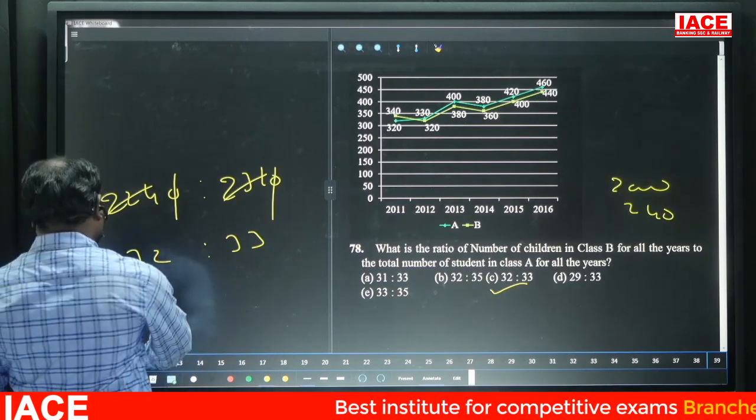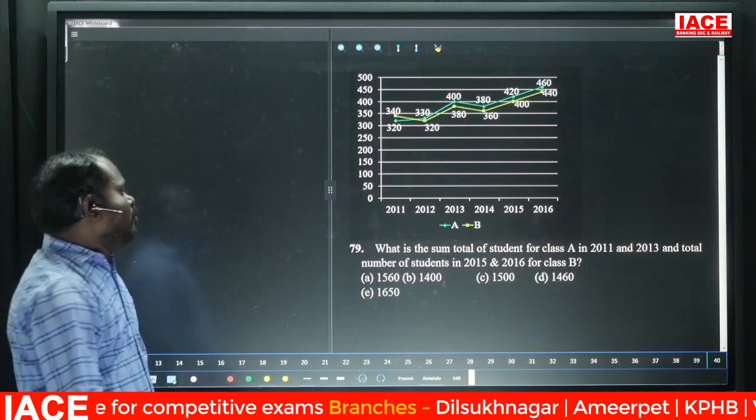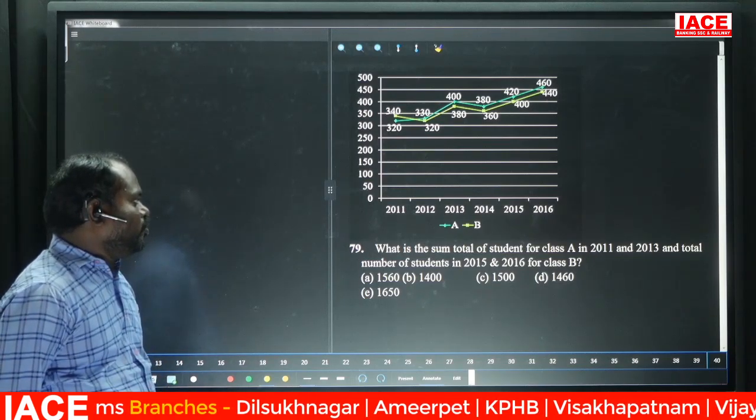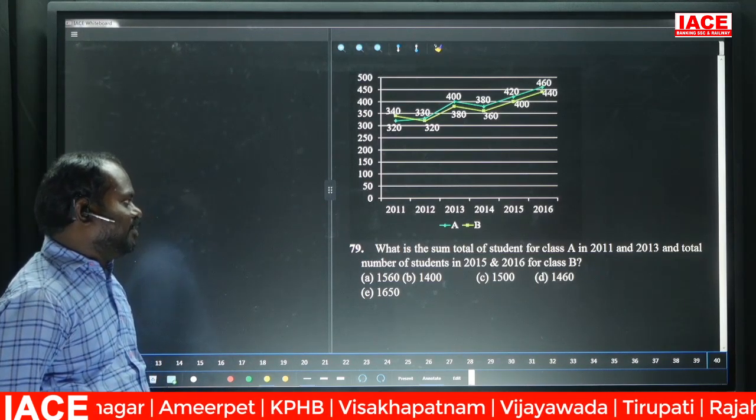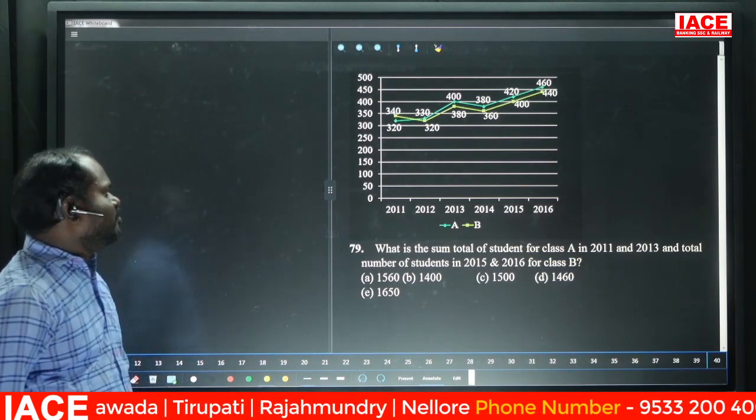Next, 79th. What is the sum of total students for class A in 2011 and 13 and total number of students in 2015 and 16 for class B? The question is asking just for the total sum.